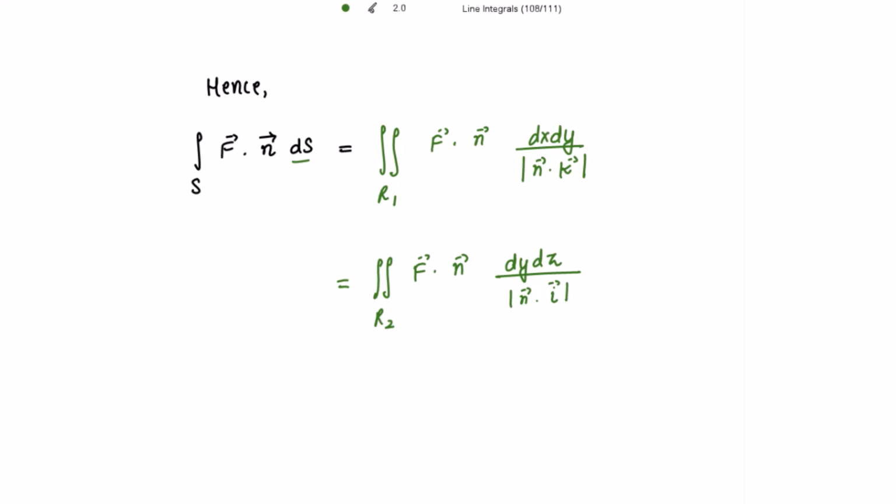And R2 is the projection of S on the YZ plane. Similarly, the double integral over R3. What is R3?